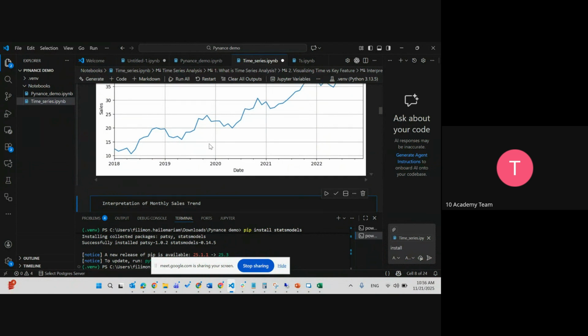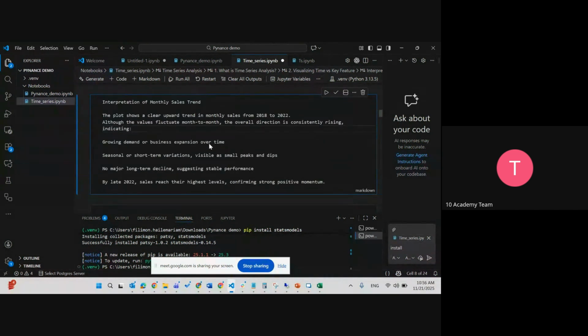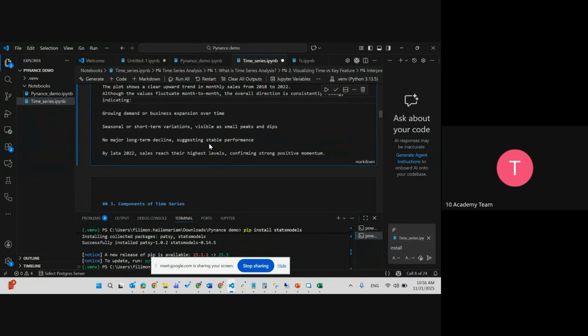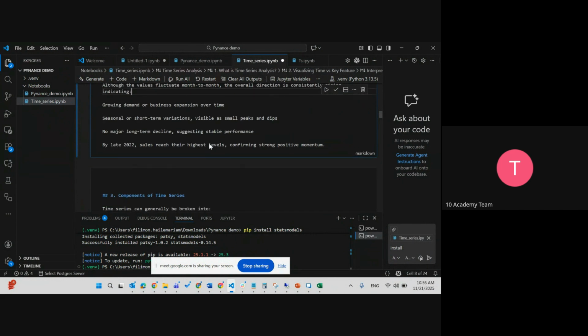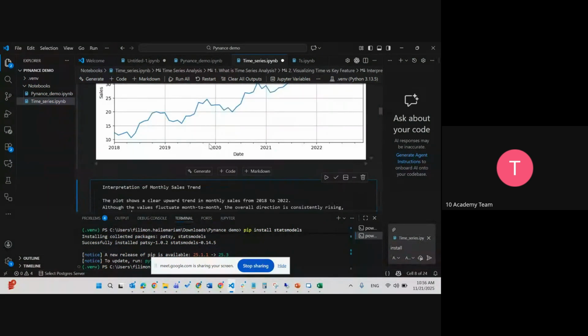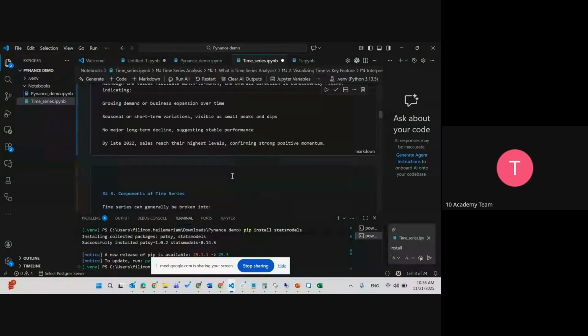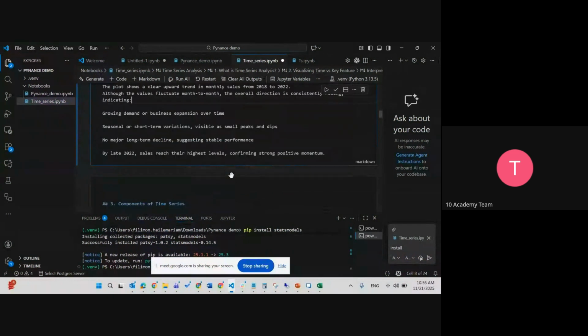So you can say that it's a growing demand or good business expansion over time. Seasonal or short-term variation is visible as small peaks and dips. As you can see, there are spikes and there are dips. So no major long-term decline, suggesting a stable performance.